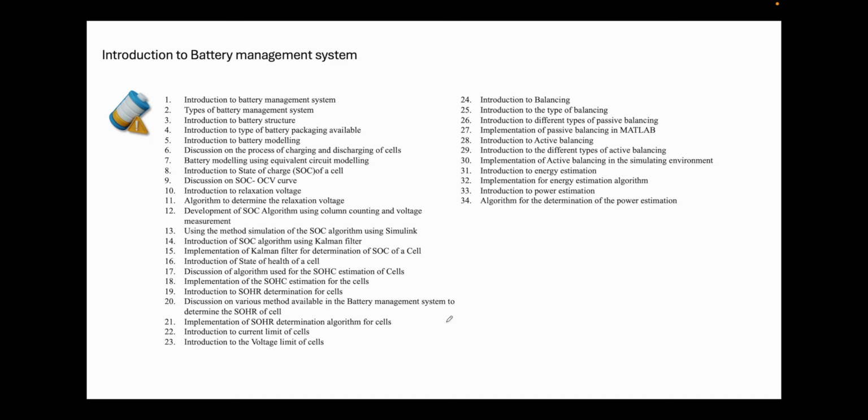Along with that, we will see how we use and manage the battery so that we can increase its life or use it more efficiently with the help of the battery management system. We will see how it impacts the performance of the electric vehicle, and different concepts related to the battery management system and how we can manage things with respect to the battery.